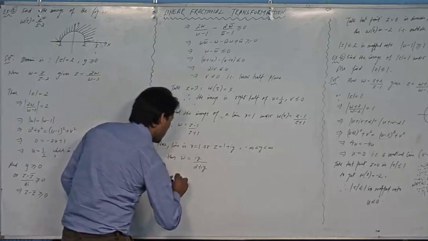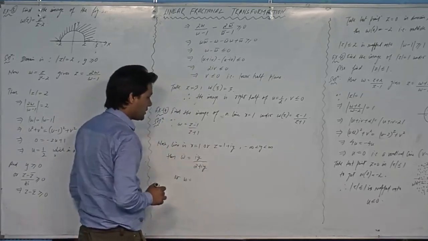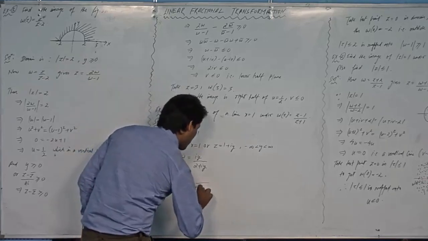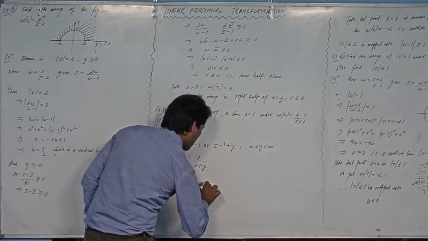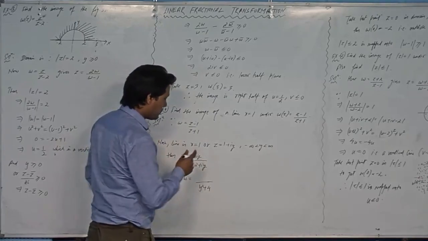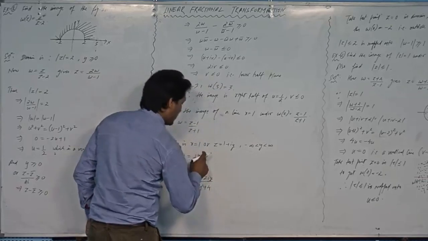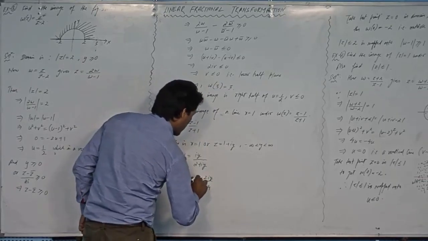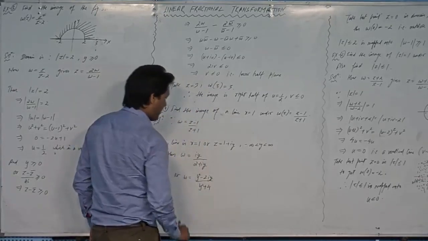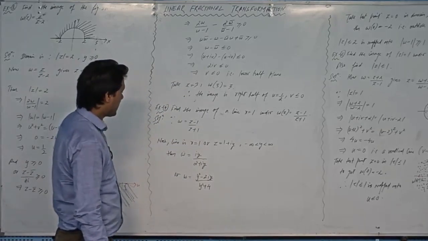And now I will rationalize it. If you rationalize it with 2 minus iota y, you will get y square plus 4 in the denominator, and the numerator, 2 minus iota y multiplied with this, will give you y square minus 2 iota y, right?